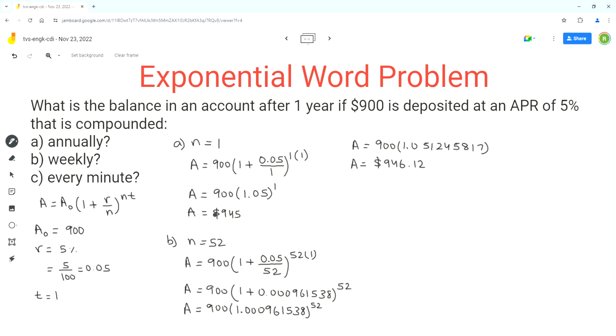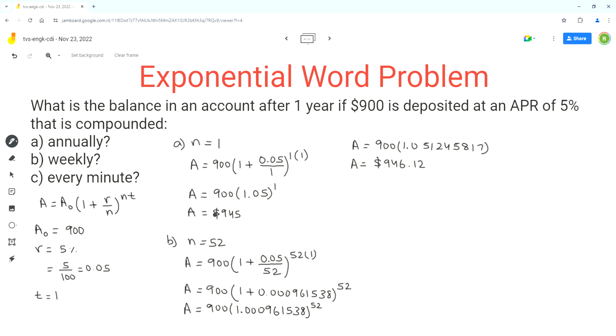I get 946.12. So I rounded the answer to the nearest cent. So this should be the balance in the account after 1 year for weekly compounding frequency.